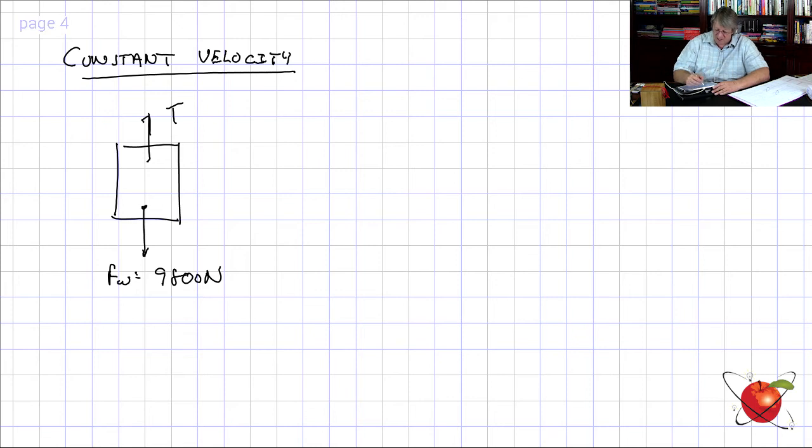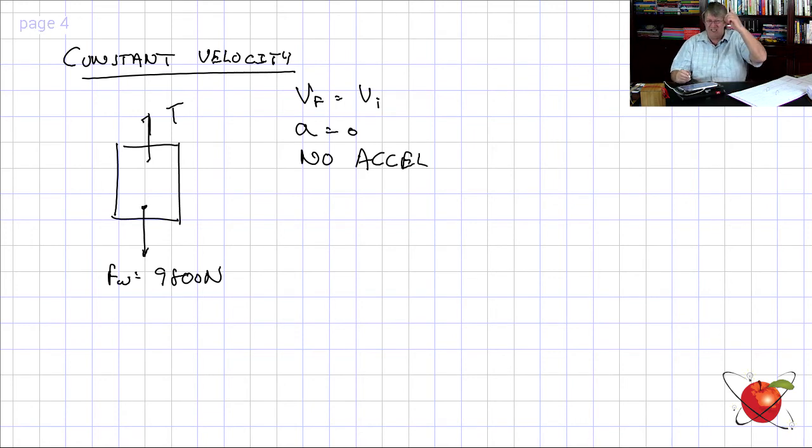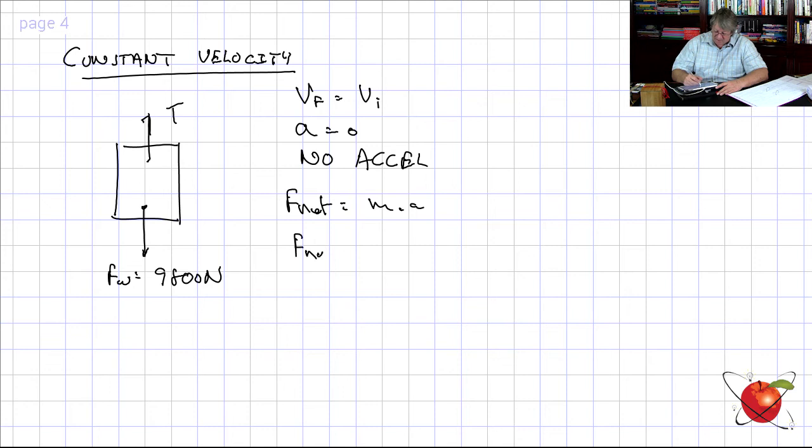Constant velocity means what? It means V final is equal to V initial. Acceleration is 0. There is no acceleration. F net equals ma. Acceleration is 0, so my F net is equal to mass times 0. So F net equals 0.